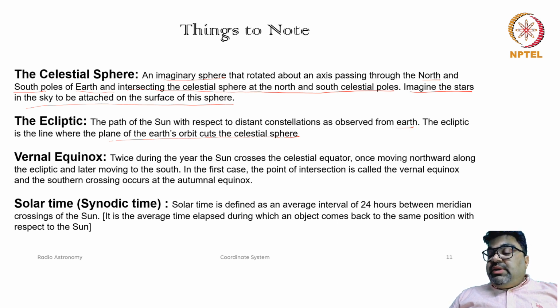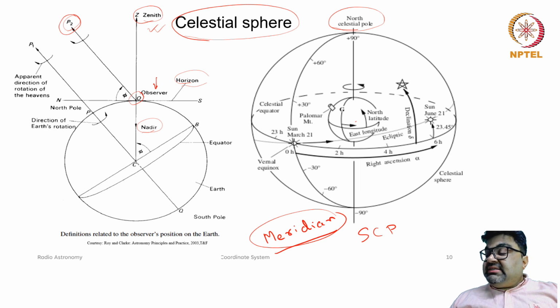Vernal equinox: twice during the year the sun crosses the celestial equator, once moving northward along the ecliptic and later on moving to the south. In the first case, the point of intersection is called the vernal equinox, and the southern crossing occurs at the autumnal equinox. That's how we defined it in the last slide.